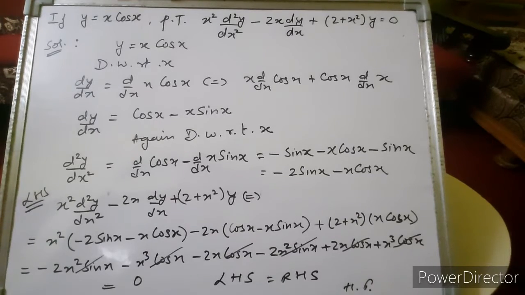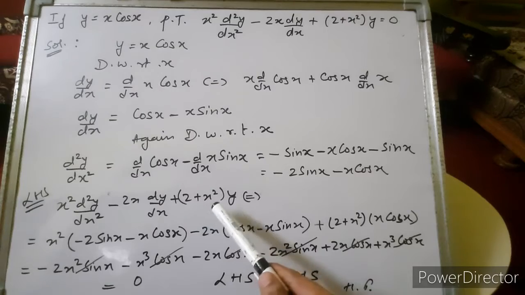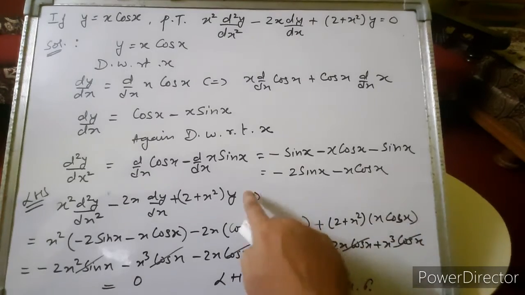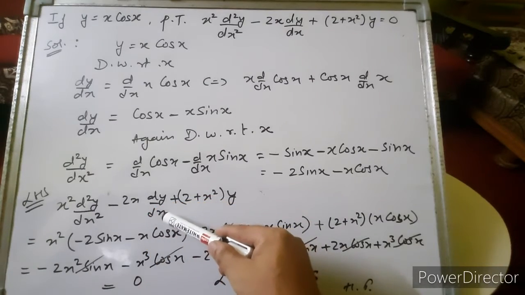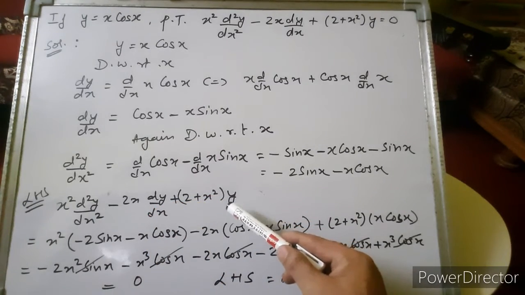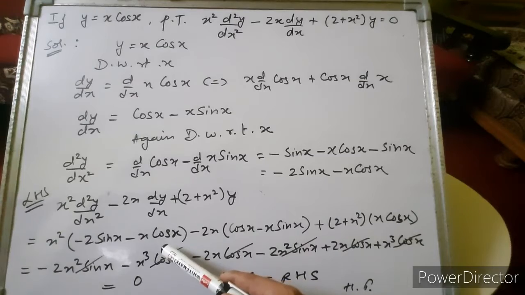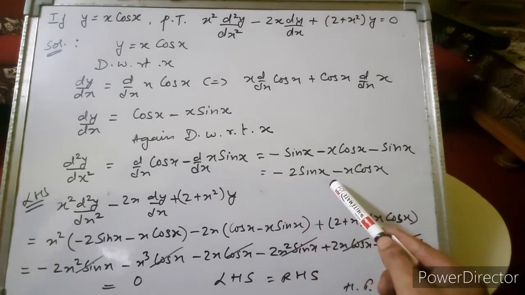So let's see. This is our left hand side, x square d2y by dx2 minus 2x dy by dx plus in bracket 2 plus x square into y. So what we'll be doing here, we'll be substituting the value of d2y by dx2, dy by dx and y. So when we do that, what will it become? x square into (minus 2 sin x minus x cos x). This is the value of d2y by dx2 we have calculated here, right?